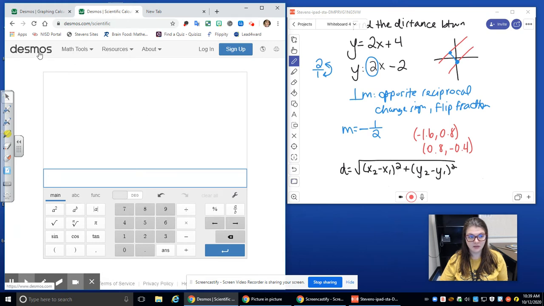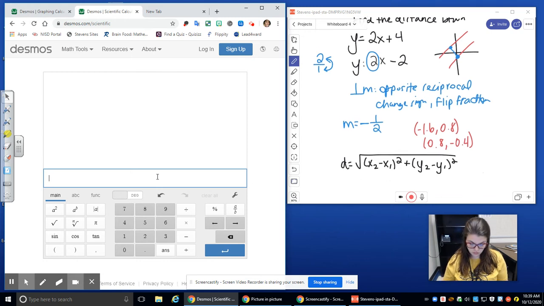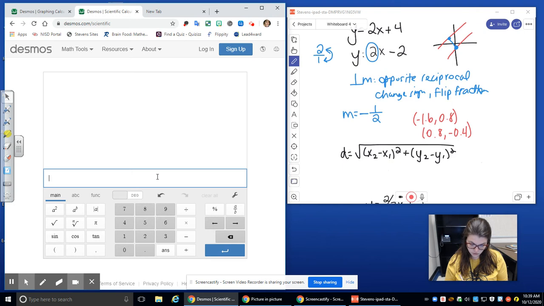We're going to be at Desmos in the scientific calculator. You can either go to desmos.com and then select it, or just type in desmos.com/scientific. If you write out your distance formula just how it's written, you can type it into your calculator. So I'm going to do that first.